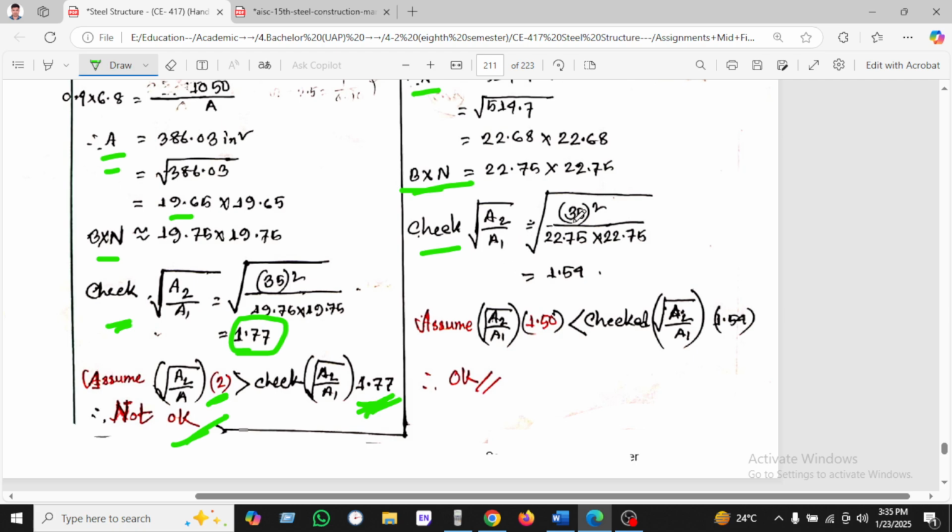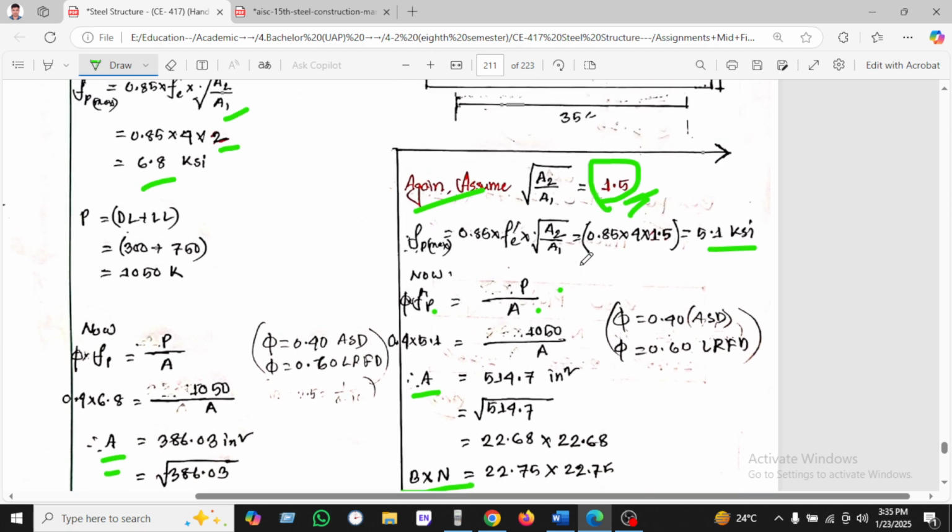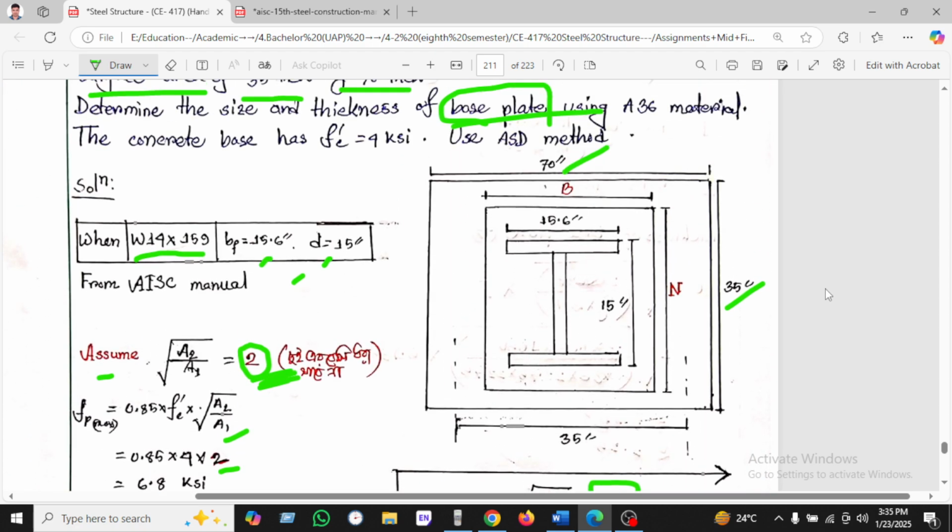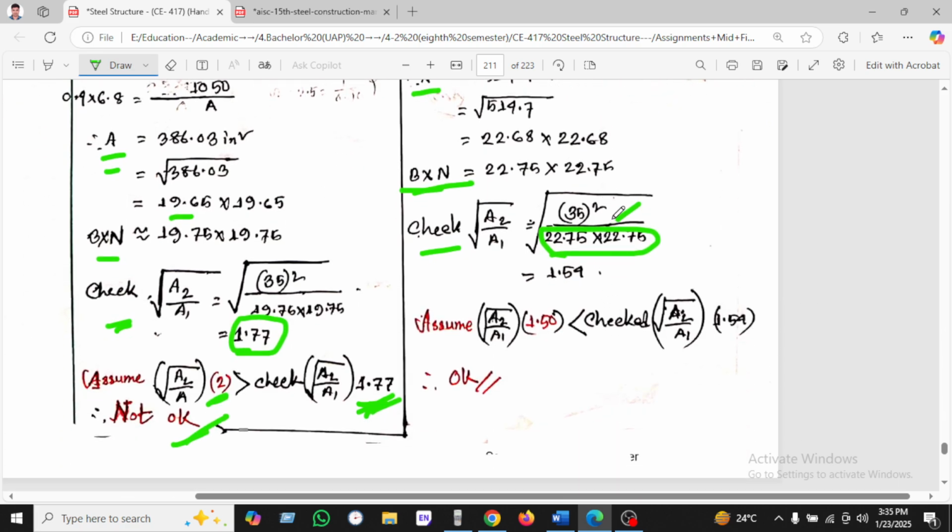Then we are checking the area, which is 35. We found area A1 equal to 22.75 into 22.75, and we are checking this. Why are we using 35 here too?